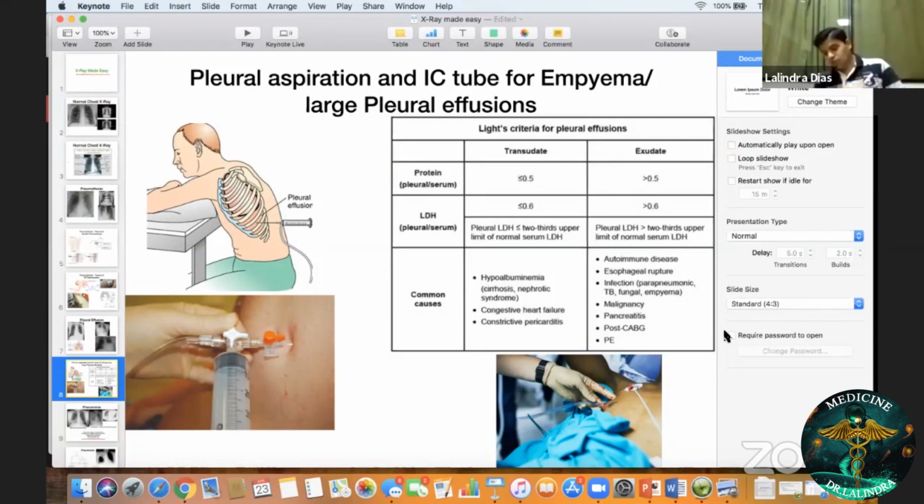Then connective tissue diseases like rheumatoid arthritis, SLE, then also acute pancreatitis, can cause pleural effusions, which are exudative type.